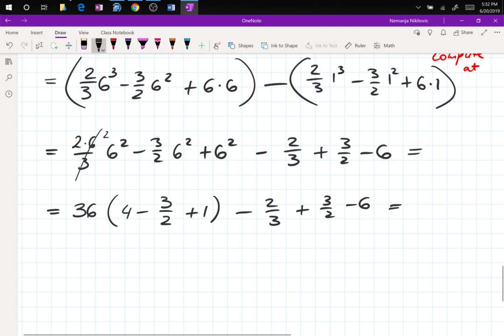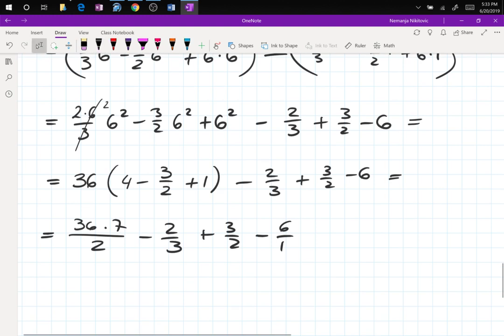So this is just me being lazy to get the calculator. 4 minus 1.5 is 2.5, 3.5, that's 7/2. So 36 times 7/2 minus 2/3 plus 3/2 minus, you can put 6 over 1 if that makes you smile. Common denominator is 6. So I have 36 times 21 minus 4 plus 9 minus, is that 36?